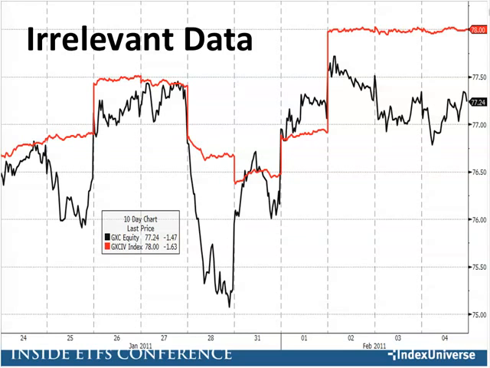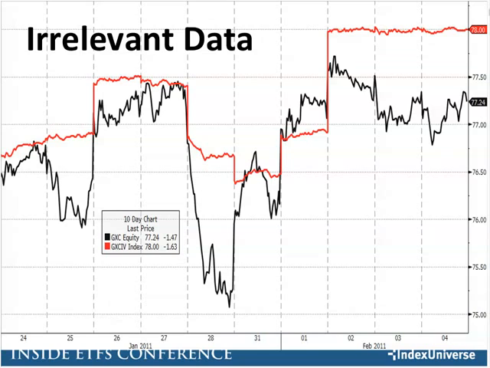This chart, for instance, compares the price of GXC versus its intraday indicative NAV, indicated in red. If you look at that upper right-hand corner, you'll see GXC trading all over the place, and the INAV goes flatline. That's not an error. That's the year of the rabbit. That's the Chinese New Year, and all the underlying stocks were closed. So the point here is there's nothing wrong with GXC.